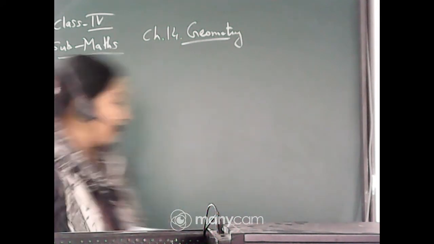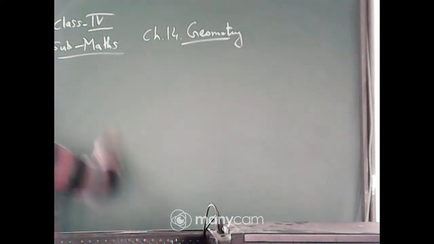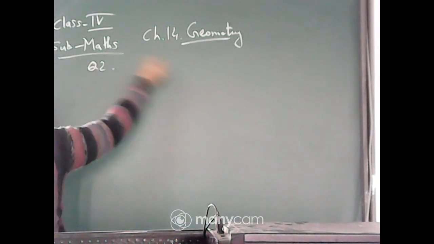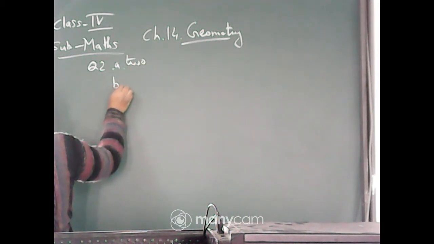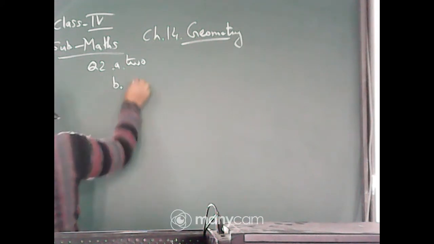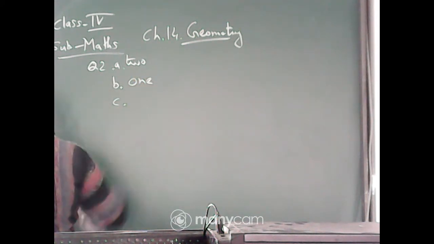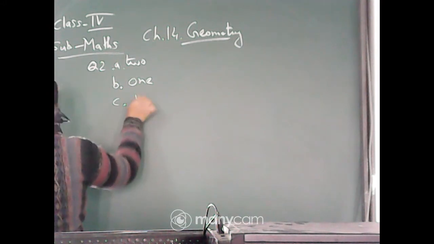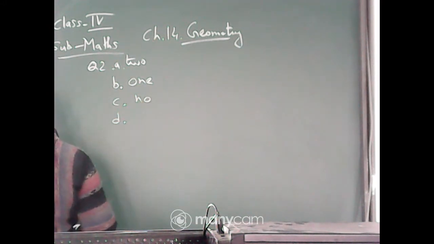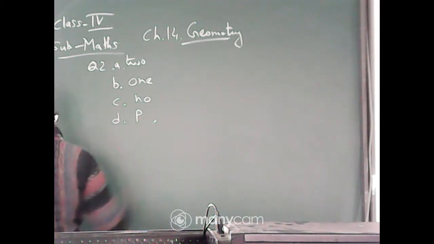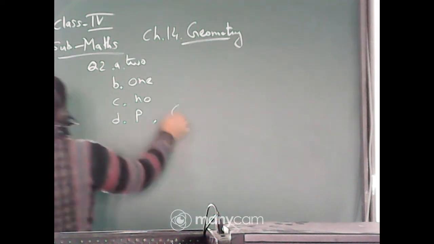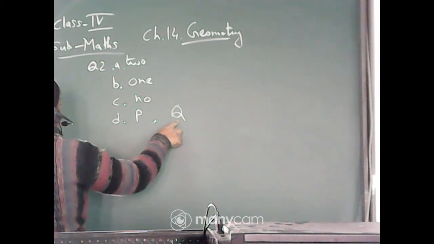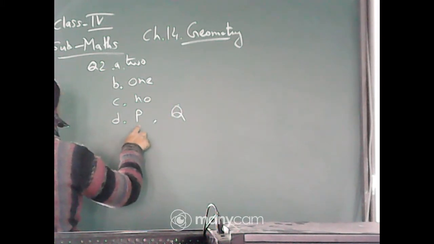For question number 2, you have written number A as a line segment has two endpoints. Then number B, you have written a ray has one endpoint. Number C, a line has no endpoint. Number D, in ray PQ, the initial point is P, and while in ray QP, the initial point is Q. That means the starting point is Q when it is QP and P when it is PQ.